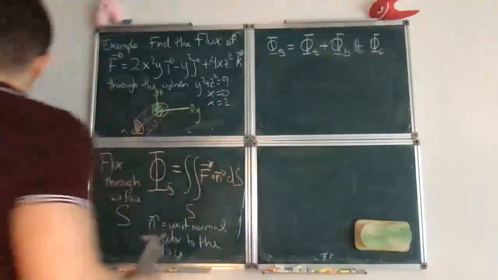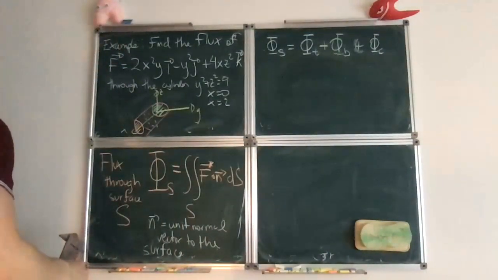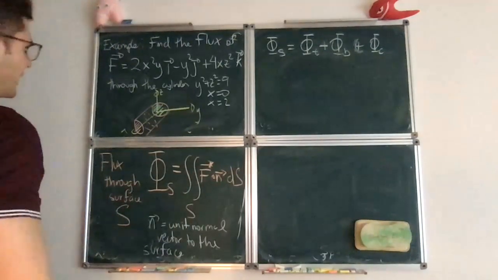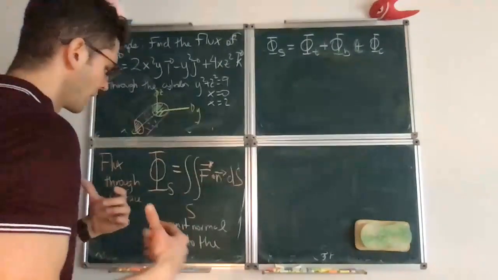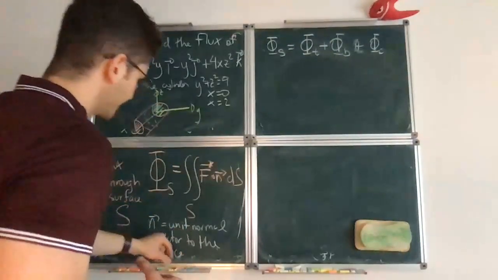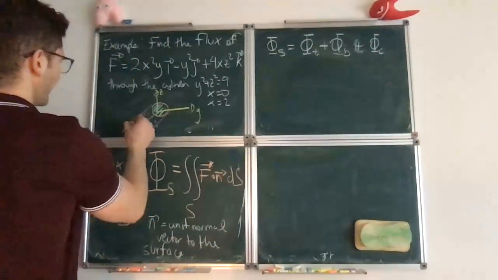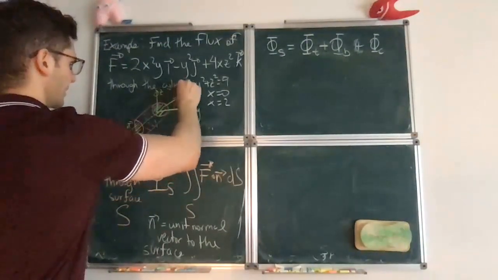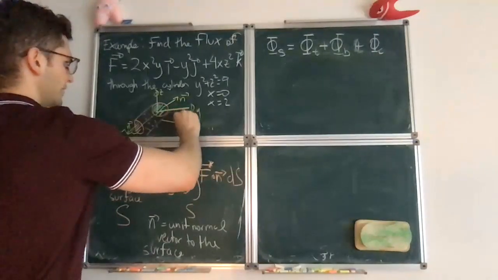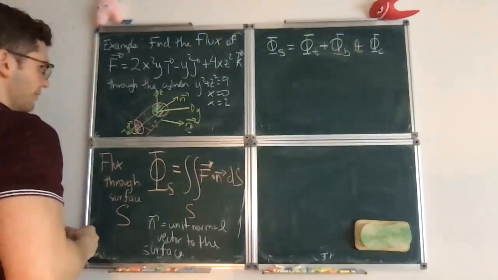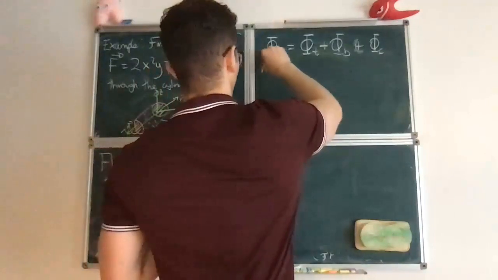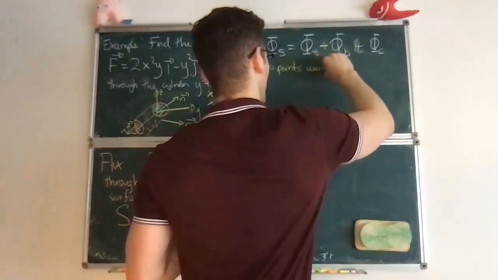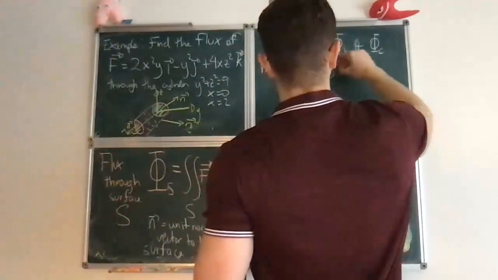And so for these problems, and I'll tell the convention more precisely later, usually you choose the normal vectors that point away from the interior of the cylinder. So meaning there's a normal vector here that's pointing away from the cylinder, another normal vector here pointing away, and another one pointing away. So n points away from the region enclosed by the cylinder.